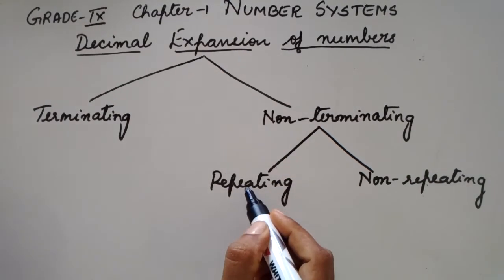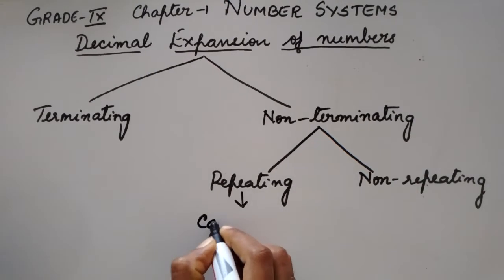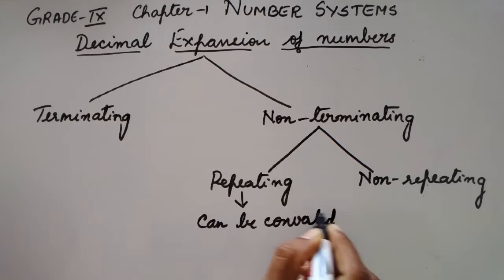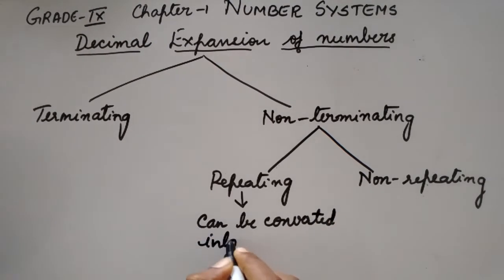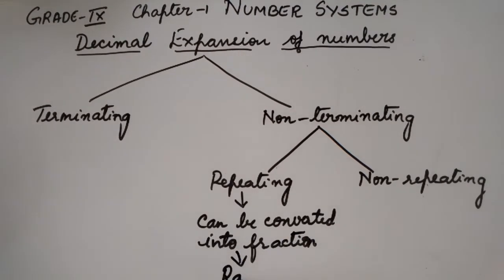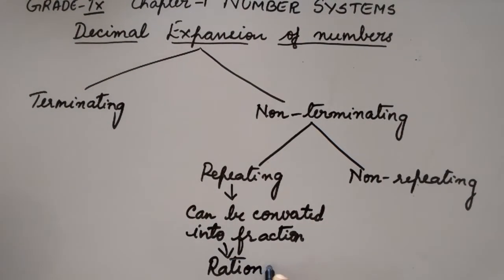Non-terminating repeating decimals are also rational numbers because they can be converted into fractions.